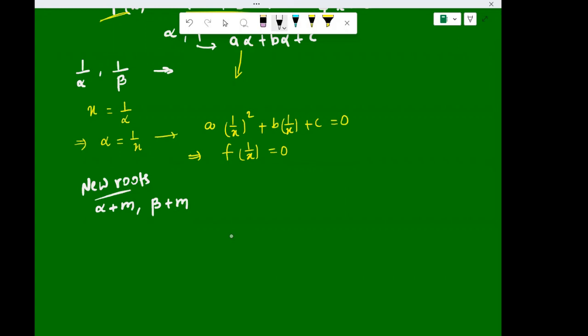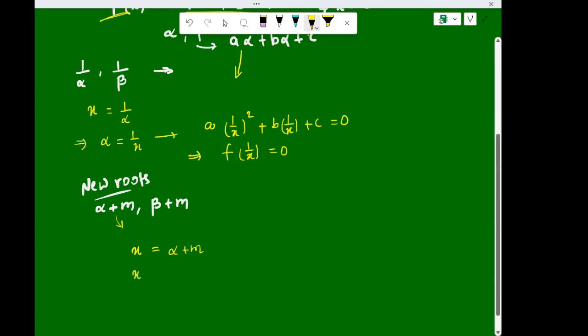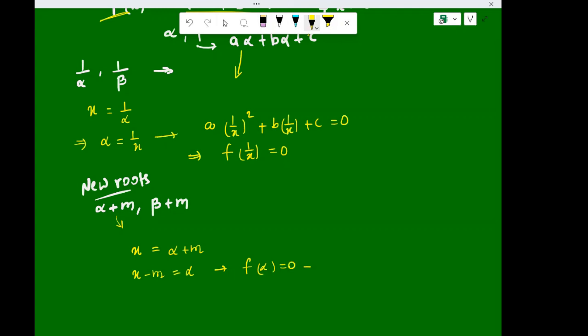Therefore, the same process we applied here also. So let us equate x to one of the roots. I am equating this variable x to alpha plus m. Now it will be x minus m equal to alpha. Now we already know that if alpha is a root, then f of alpha equal to 0. So just replace it with x minus m.